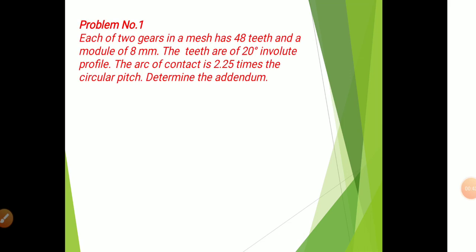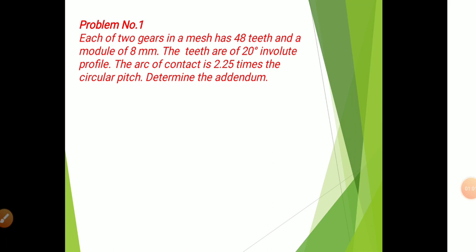Now this is the first numerical, problem number 1. I will read the statement. Each of two gears in mesh has 48 teeth and a module of 8 mm.